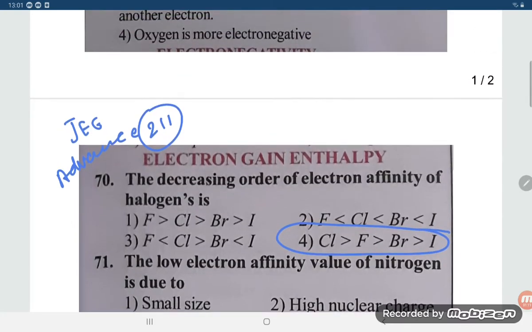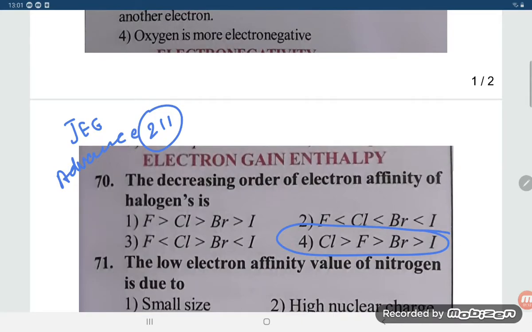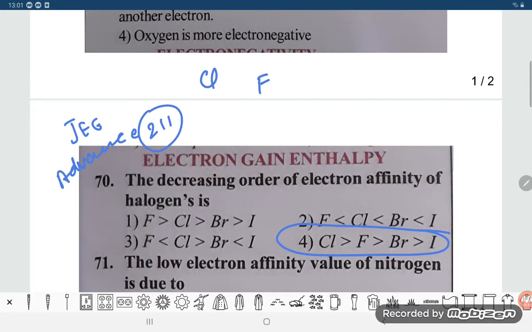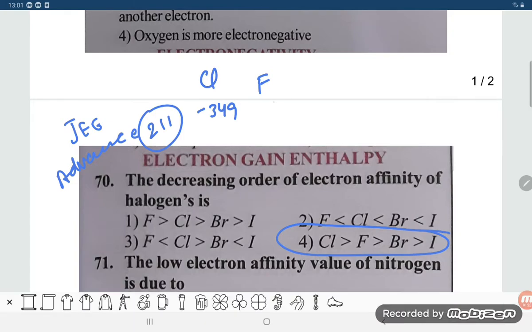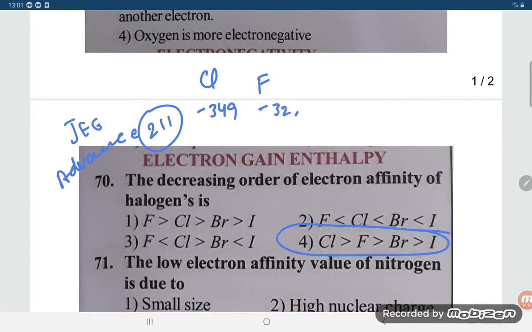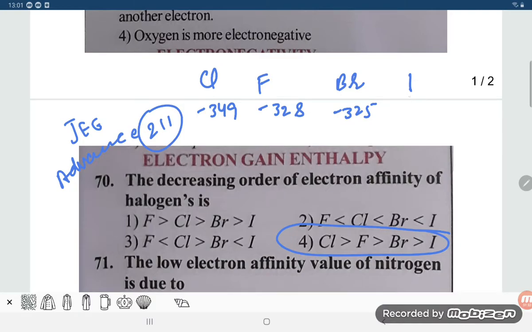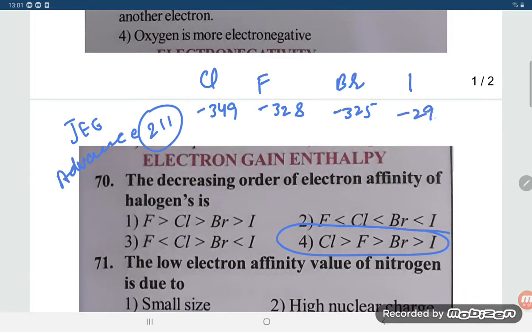But what we can do is check the values. Chlorine's electron gain enthalpy is minus 349. Fluorine is minus 328. Bromine is minus 325. And iodine is minus 295.